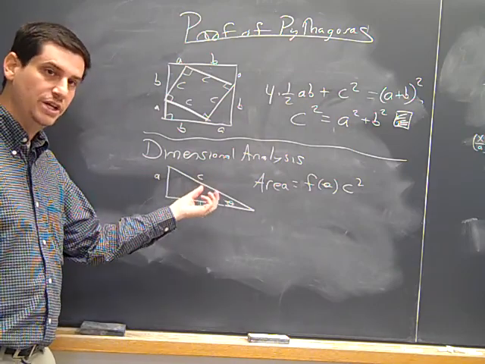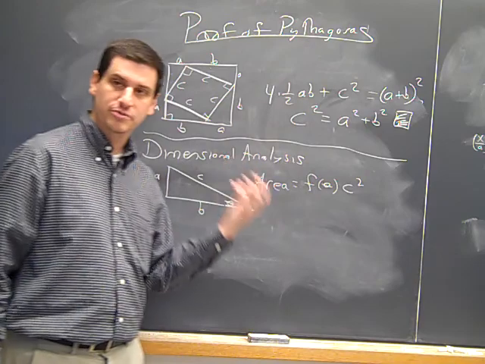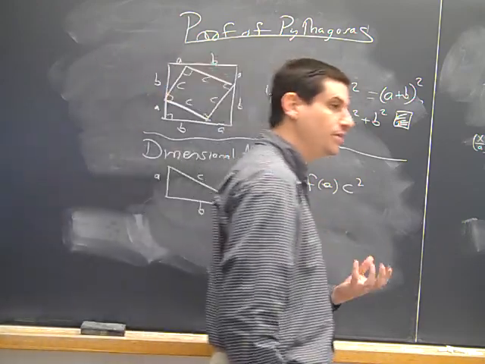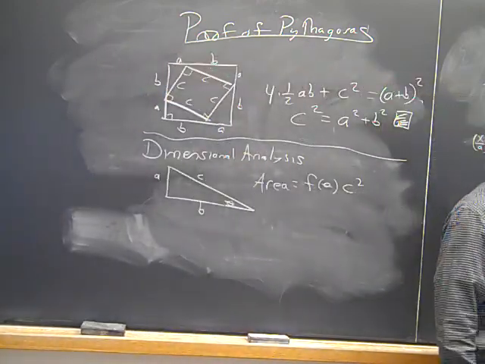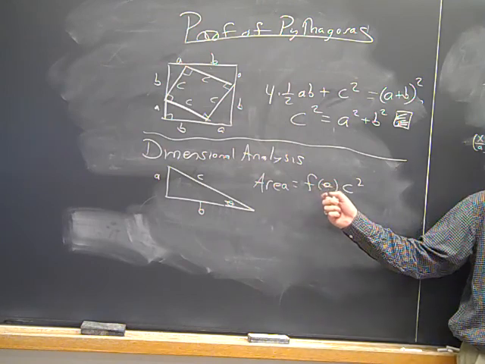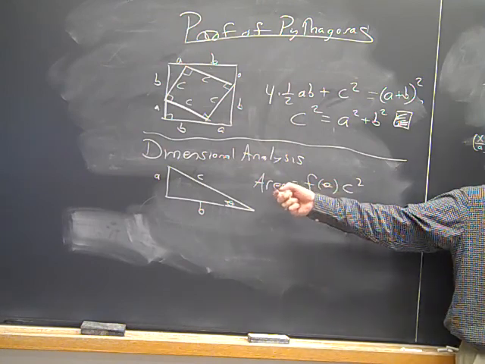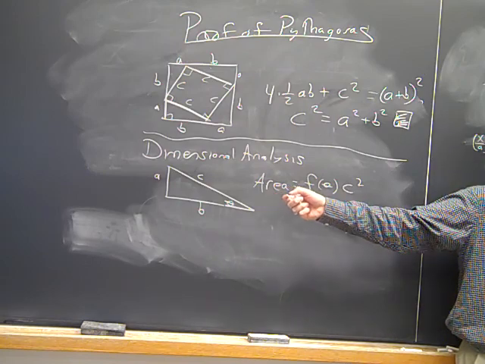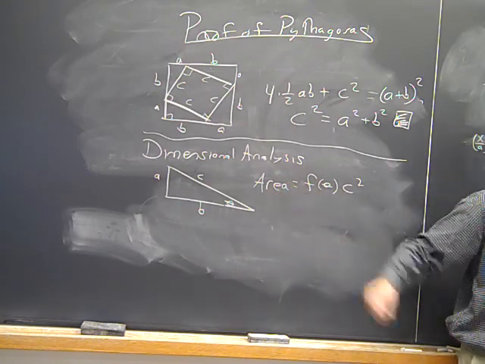If I triple C, I triple the base and height, the area increases by a factor of 9. The area of a right triangle is proportional to the hypotenuse squared. I can figure out what f of theta is. It's going to involve sine of theta and cosine of theta, and probably a 1/2. Okay?